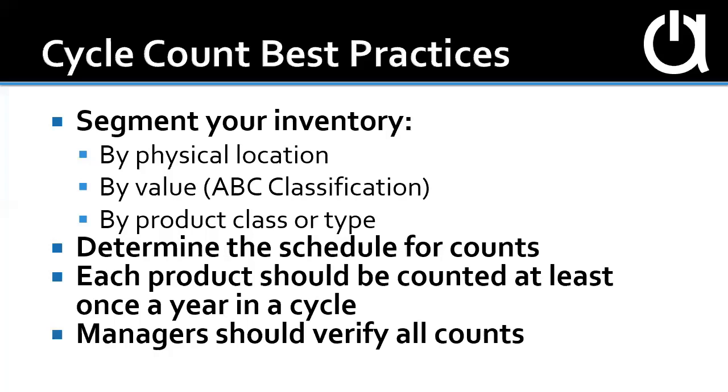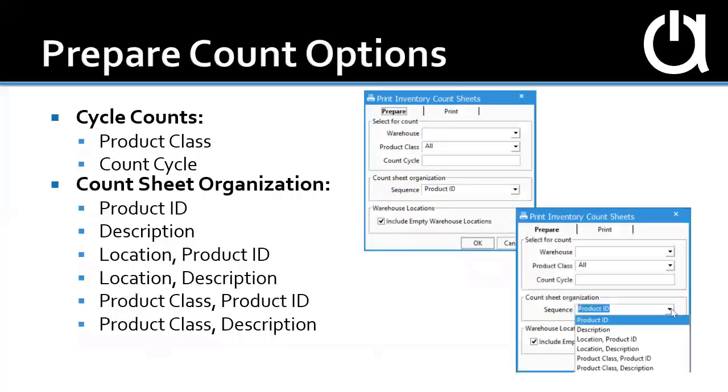And of course, with a cycle count, you're typically using your warehouse people that are touching the inventory every day. So to make sure that there's not as much risk of theft or anything like that, you should definitely have managers verify all the counts before they are posted, and maybe do a spot check on a couple of the products as well.